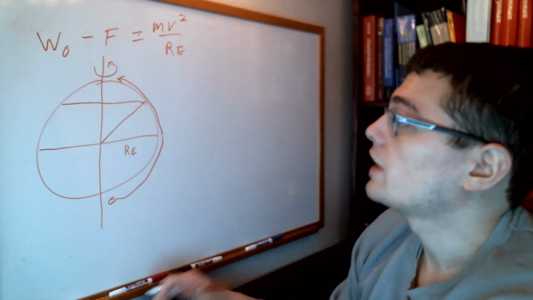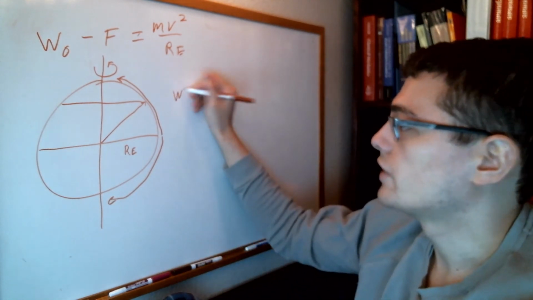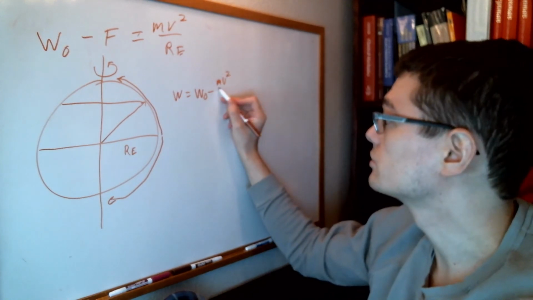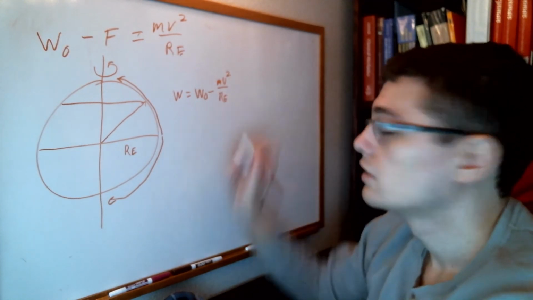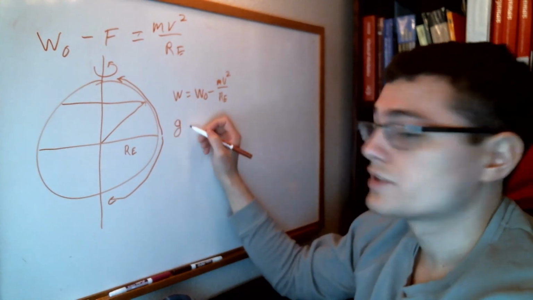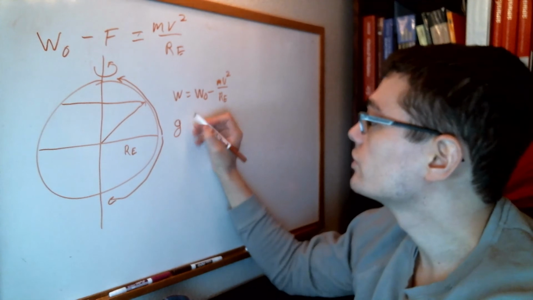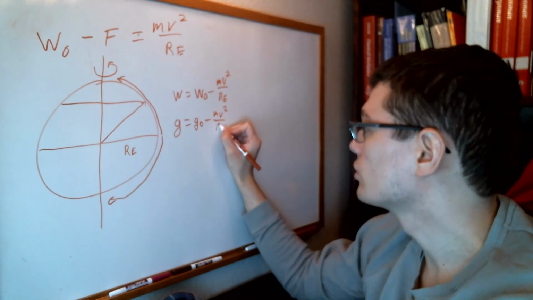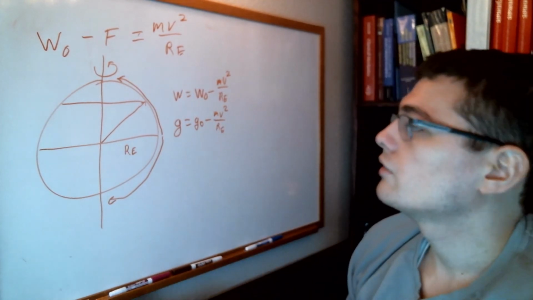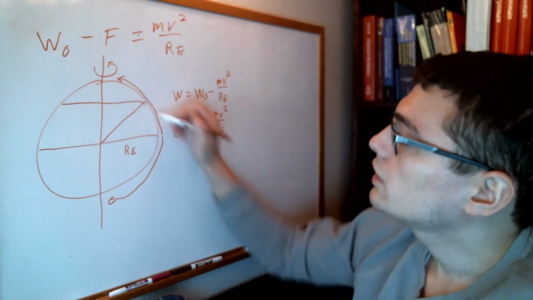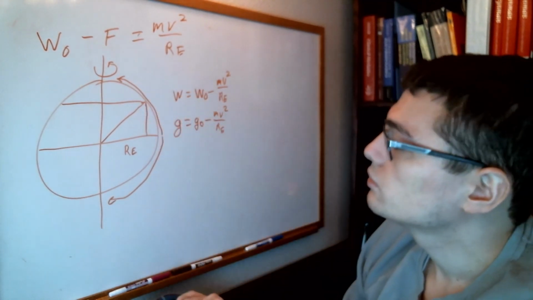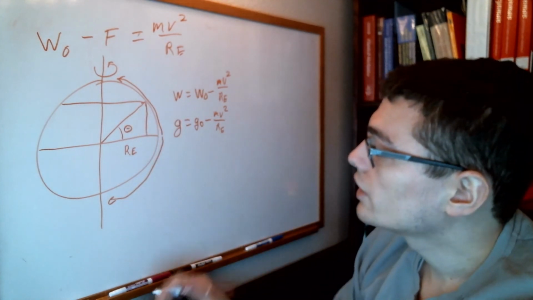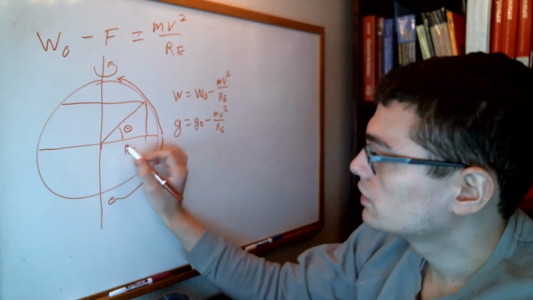At the equator, we have that W is going to be equal to W naught minus mv squared over R_E. Then dividing out your own mass, we get g is equal to g naught minus v squared over R_E. For any latitude, this is going to be your angle theta here, and this portion here is going to be your new distance.